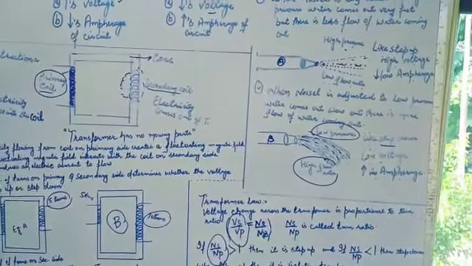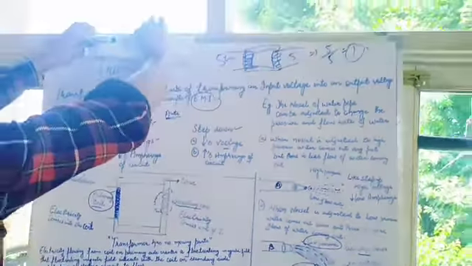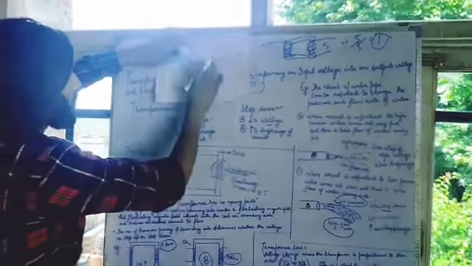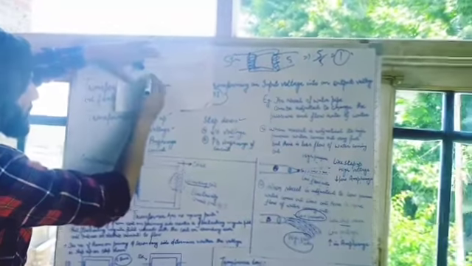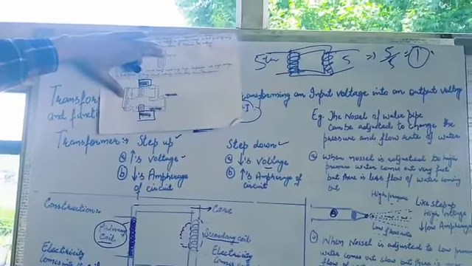If we see an X-ray circuit, over here I have drawn, this is an X-ray circuit. Here we have the step up transformer, and here we have the step down transformer.